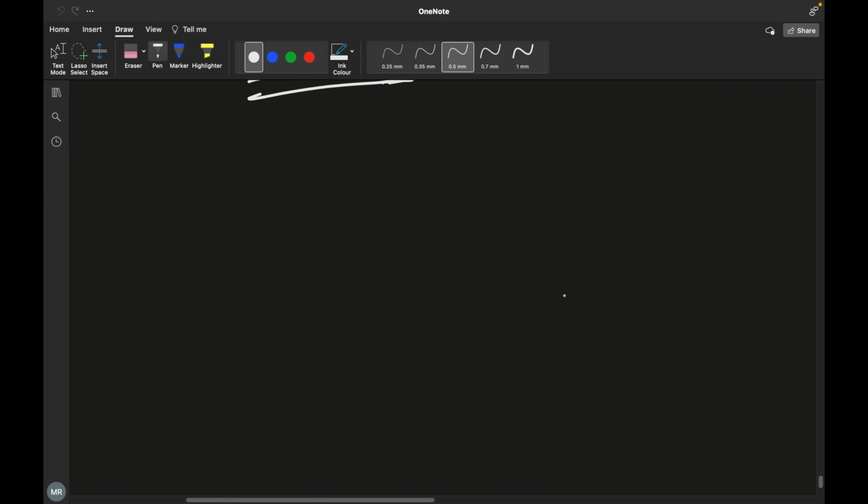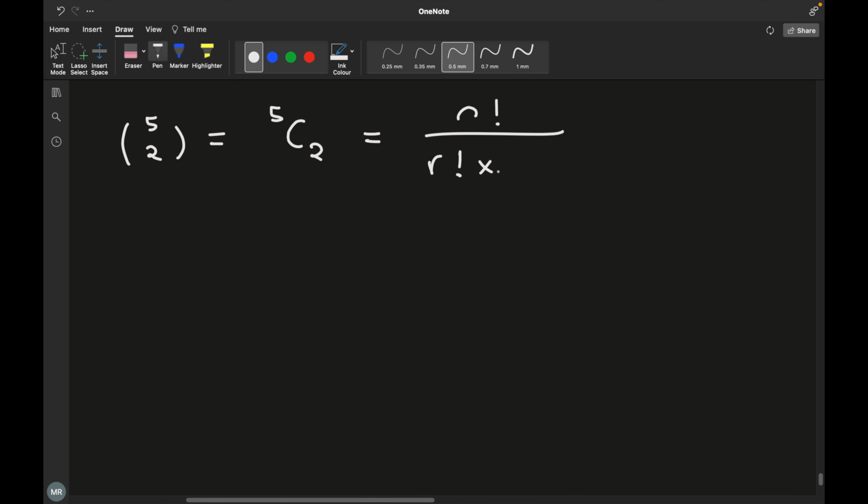Now let's work out an example. Let's do this one. Expand this. This is basically 5C2. It's going to be n factorial divided by r factorial into n minus r factorial. Here n is 5, r is 2.